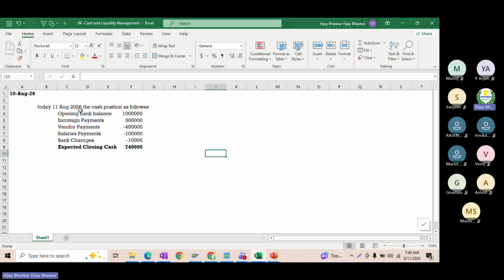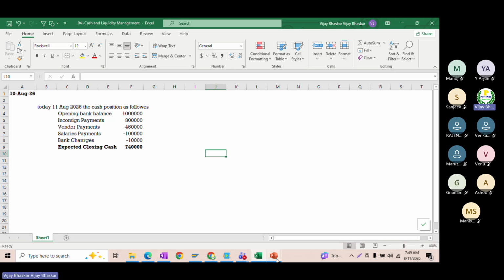So that is the reason all balances should appear in one place, to plan from a future point of view. That is the reason cash management is important for us.